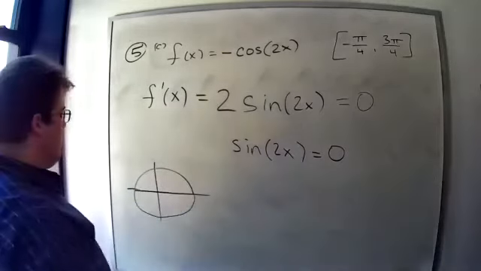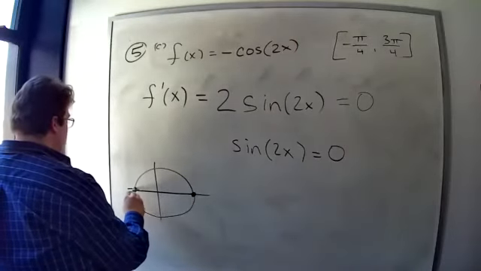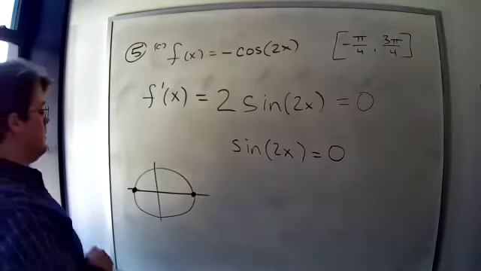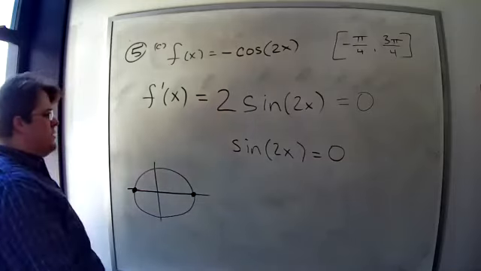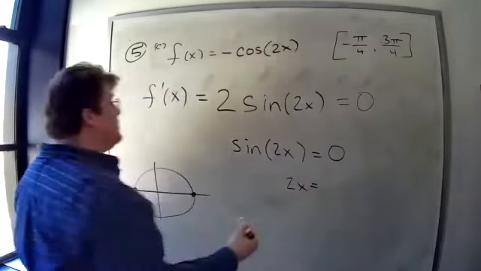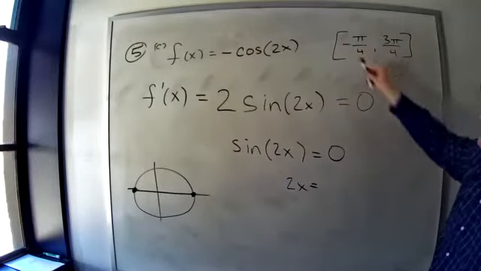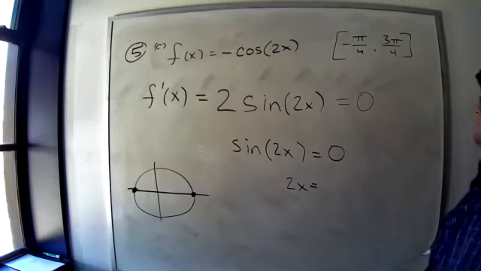Sine is the y value. Y value is 0 over here. Y value is 0 over here. So we will have a few different equations to solve here. But all we need are x values within this interval. So there aren't going to be that many we have to deal with.